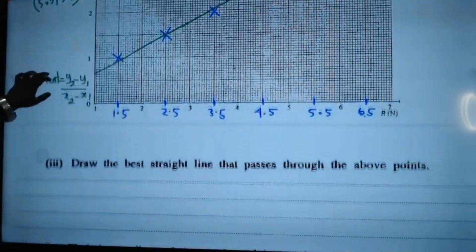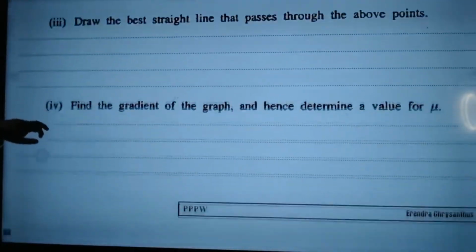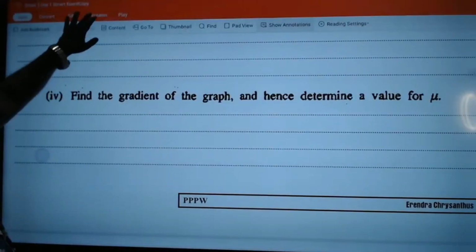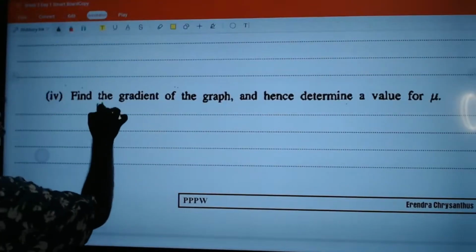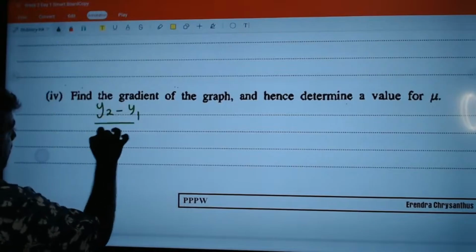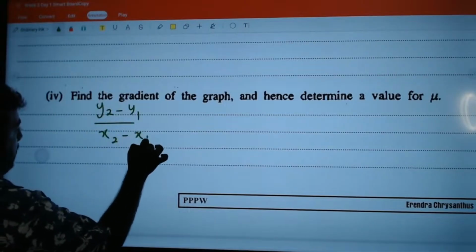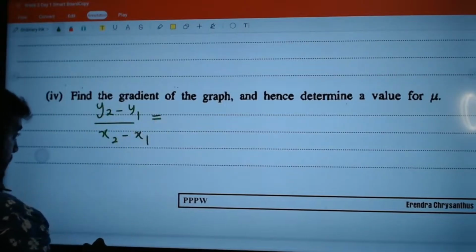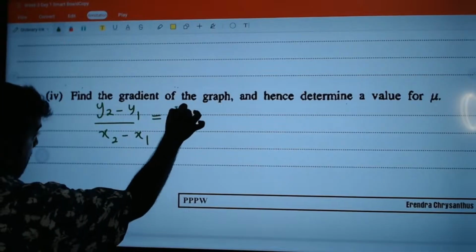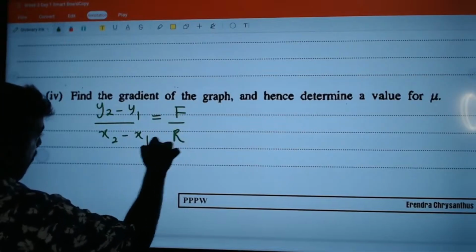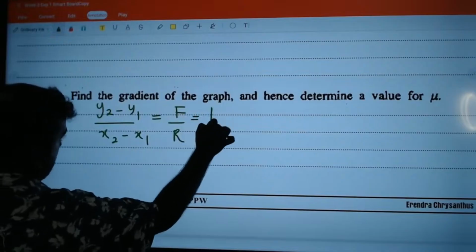Y-axis is force, x-axis is normal reaction. So if you apply y2 minus y1 divided by x2 minus x1, this takes time. That's going to be force over normal reaction.